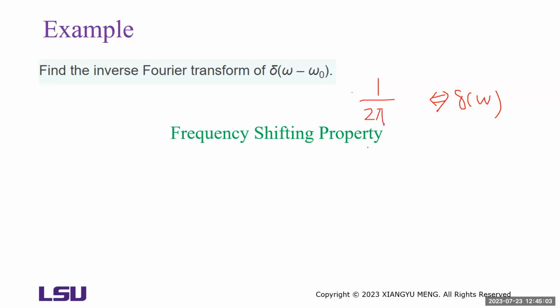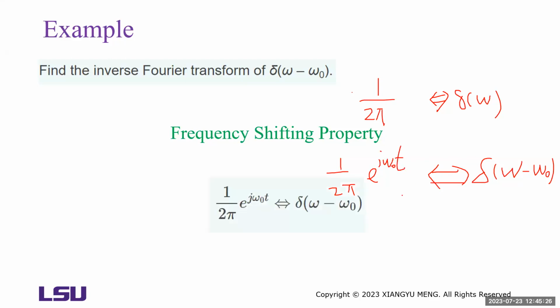Then based on the frequency shifting property, if this function is shifted by omega 0 in the frequency domain, then in the time domain we just need to multiply the function by exponential j omega 0 t. Therefore, the inverse Fourier transform of delta(omega minus omega 0) is 1 over 2 pi exponential j omega 0 t.